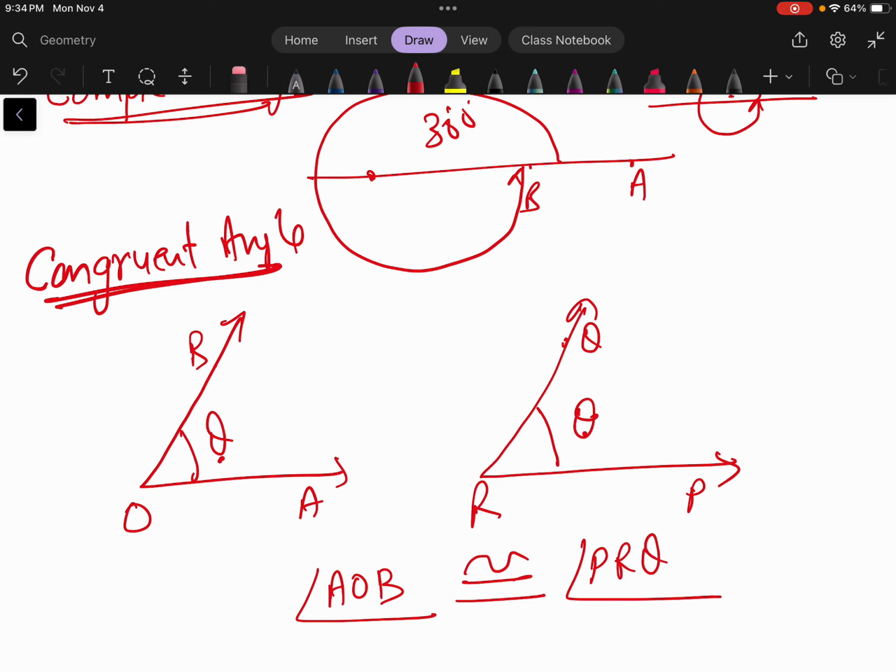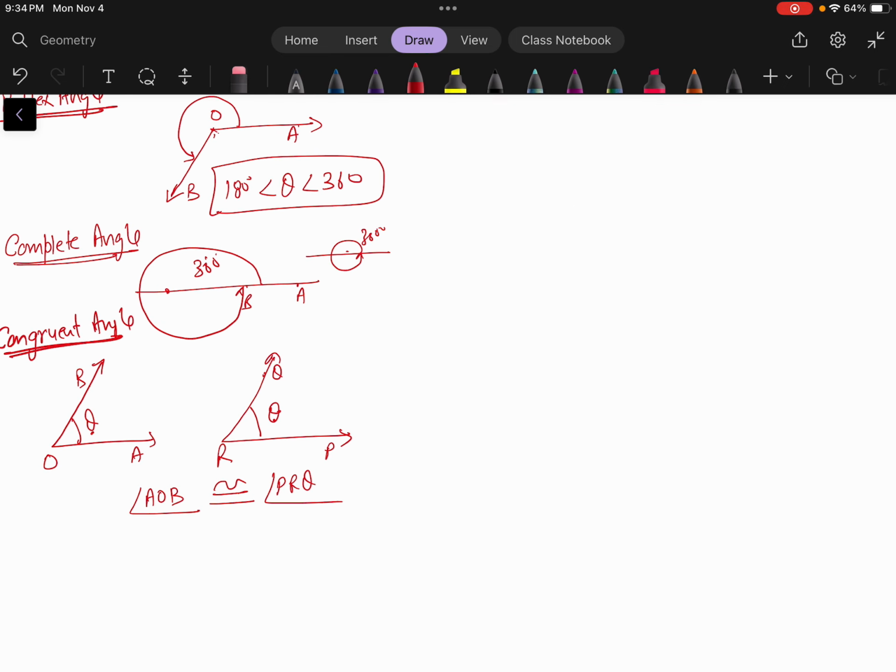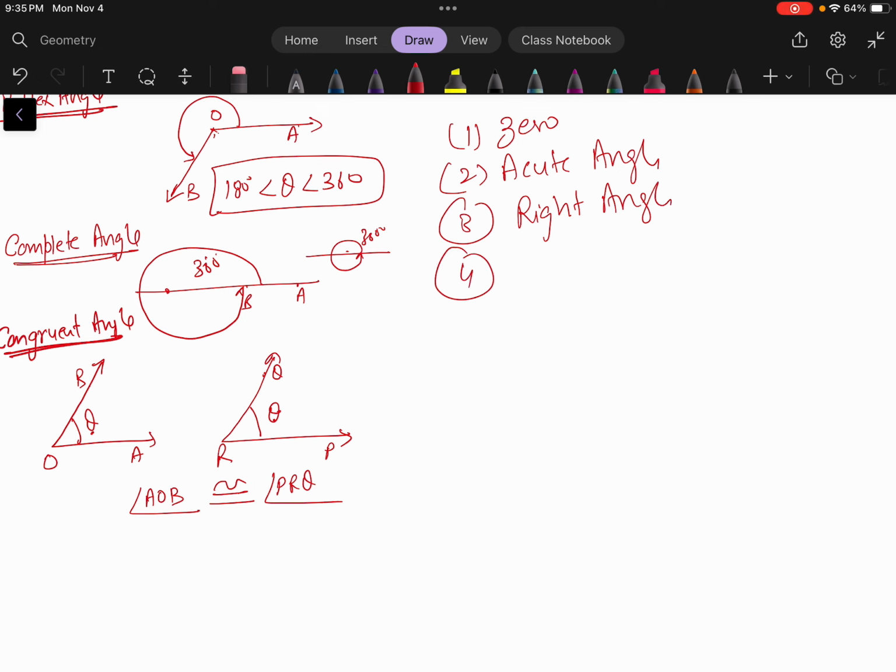Clear? Let's have a recap. How many types of angles did we discuss? First, the zero angle. Second, the acute angle. Next, the right angle. Then fourth, the obtuse angle.